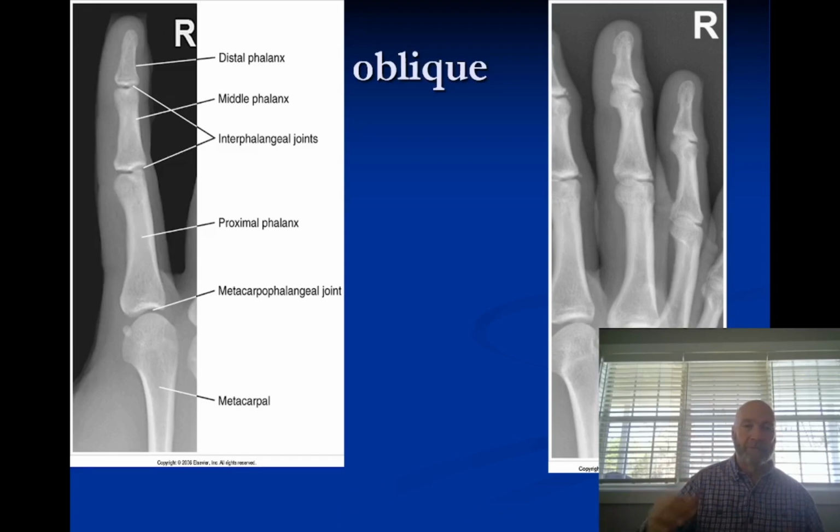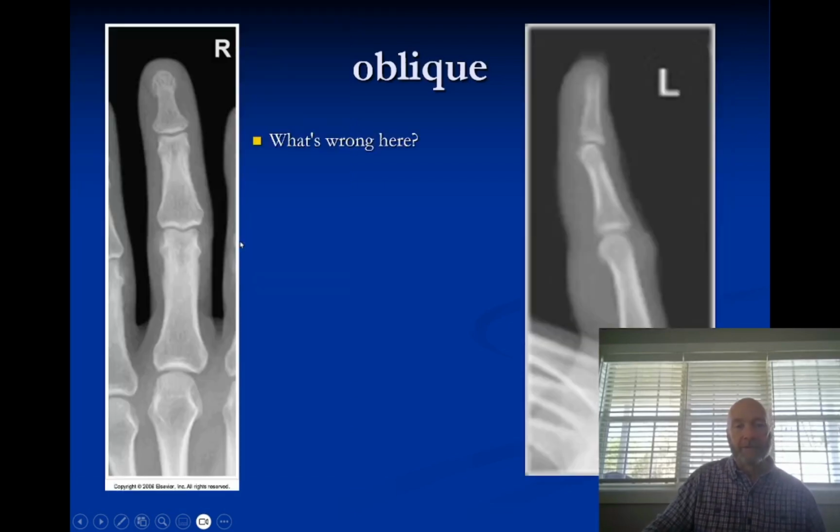So as you rotate from PA upwards to an oblique, that's what you should see. The back should be flat. The anterior should have more of a concave appearance, and the soft tissue on the anterior side should be about double what it is on the posterior side.